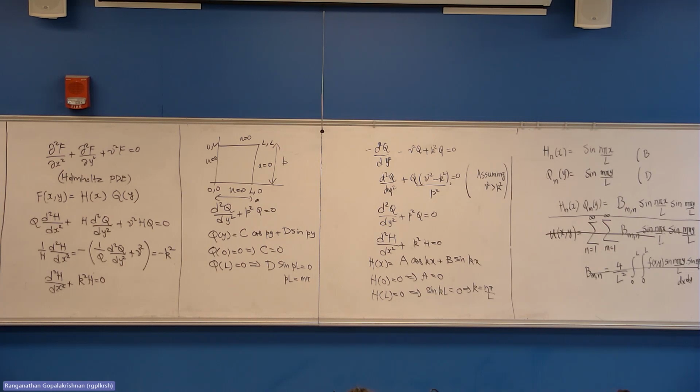So h_n times q_m is sine m pi y over L and sine n pi x over L. Up to that we are good.